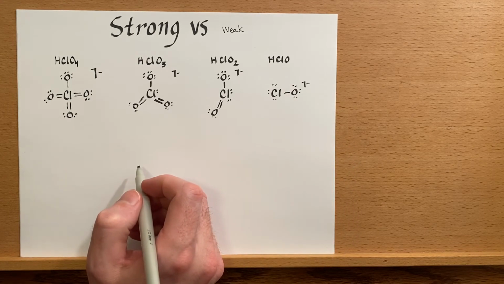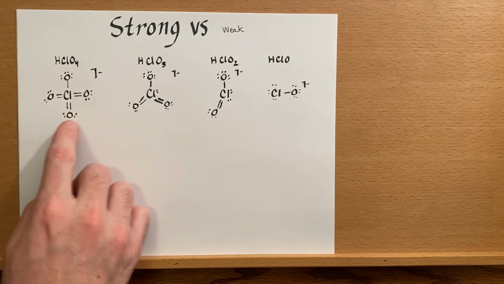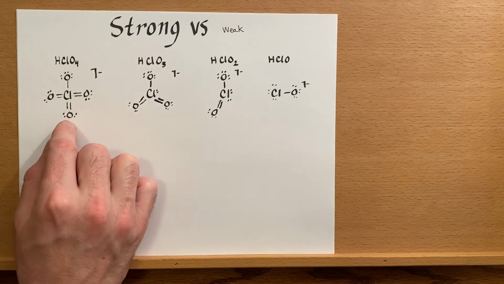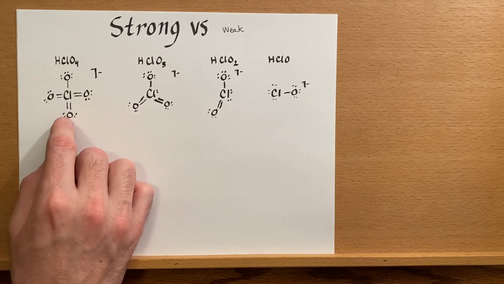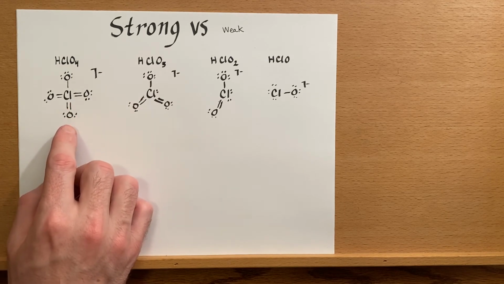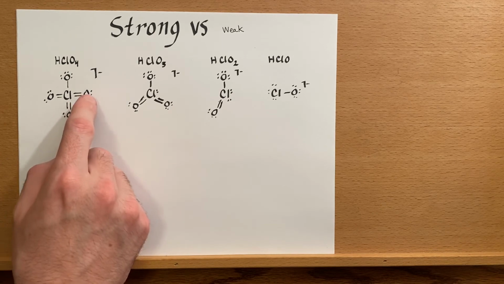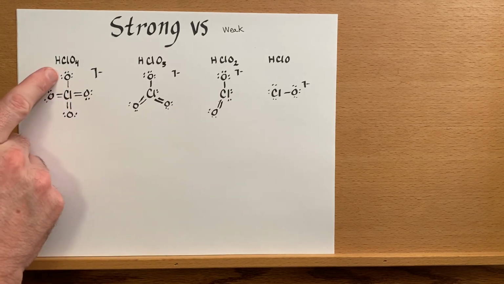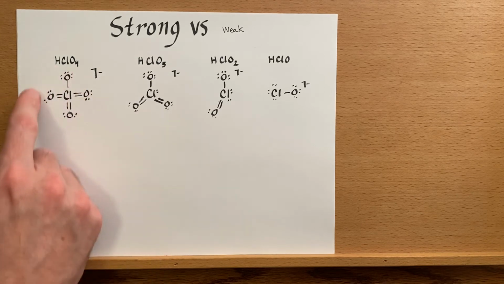Well, how does this relate to the acid strength? Well, this ion is the most stable ion. It's easy to spread the negative charge around. That means that it will be easier for that hydrogen to leave because the charge is not localized at one position. Remember, we have an H plus and we have a negative charge ion.